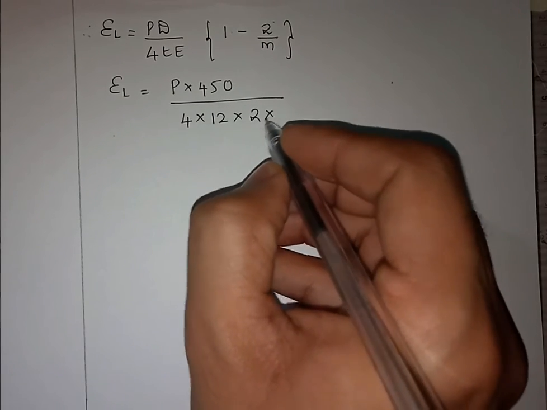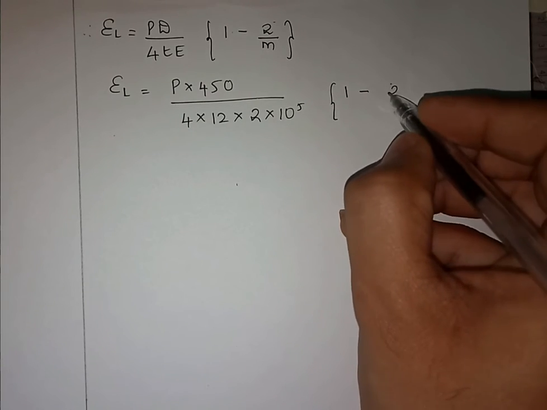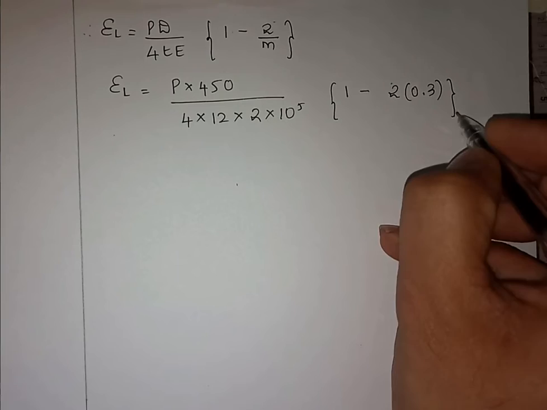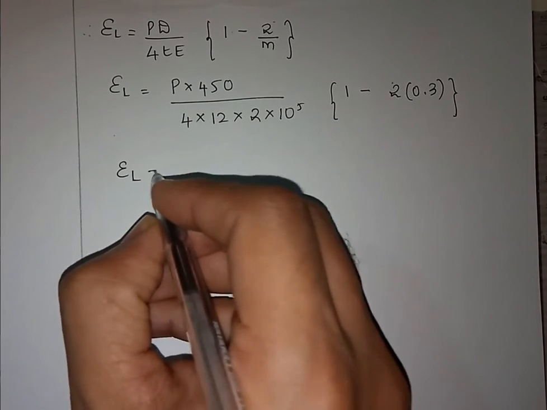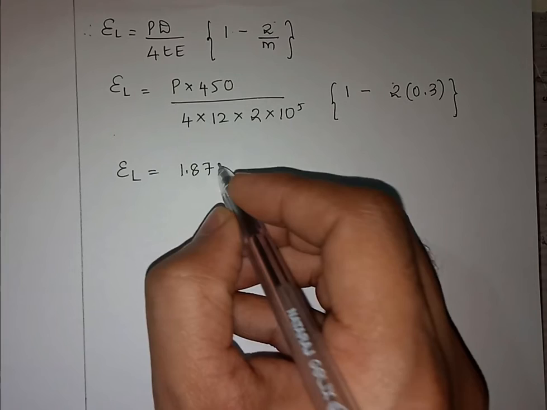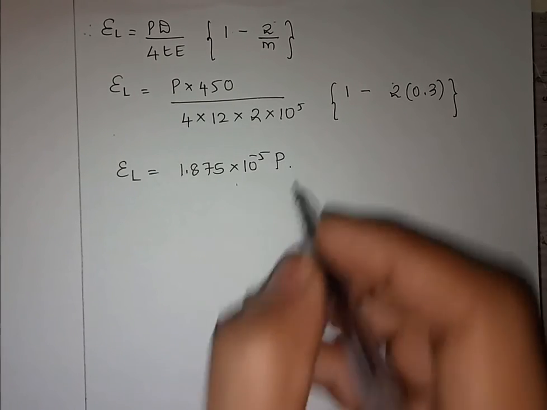Value of Young's modulus is 2 into 10 raised to 5. So it is 1 minus 2. Value of 1 by m is 0.3. So if I simplify, I'll be getting the value as 1.875 into 10 raised to minus 5 p.